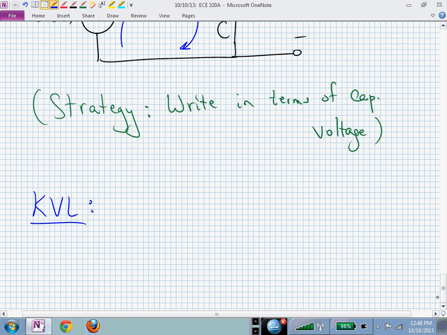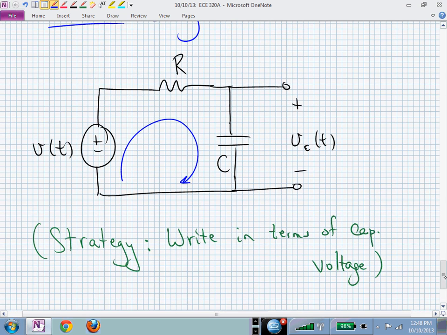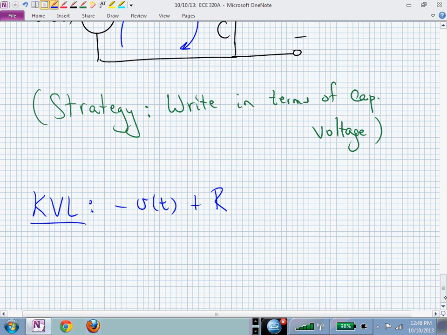I'm going into the negative terminal of my voltage source, so I'm going minus V of t plus R. I want this voltage drop here across that resistor, but that's got the same current as that capacitor has flowing through it, which is flowing through the source, so we only have a series circuit, plus the capacitor voltage, let's just write that down, plus V sub C is equal to 0.